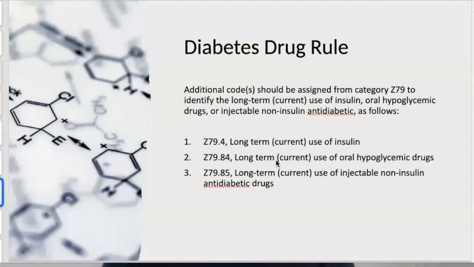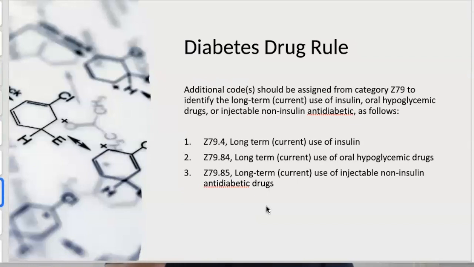Now, if a patient is taking oral hypoglycemic drugs like metformin, what else? There are many of them out there in the market. What is the code? The Z79.84. And another one is use of injectable non-insulin. I think this is, correct me if I'm wrong, one of those new drugs out there, Ozempic.